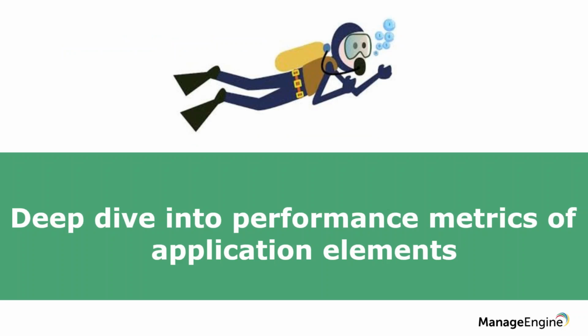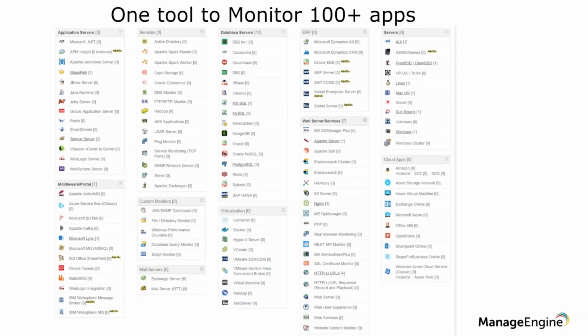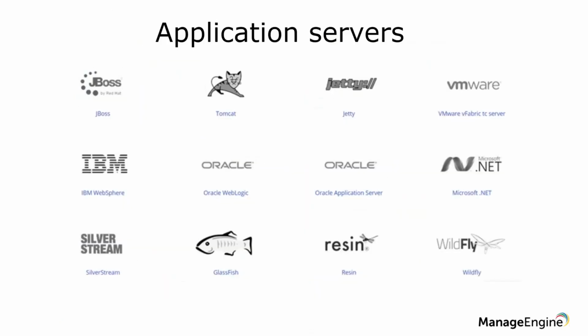We will be looking at the various applications that Applications Manager can monitor. Applications Manager is one tool to monitor your 100+ apps, and we have categorized them based on their functionality. Starting with application servers, which are designed to develop web services or applications, in real time the productivity and performance of such servers get affected due to failure of diagnosing any problem in the service or application running in that server.